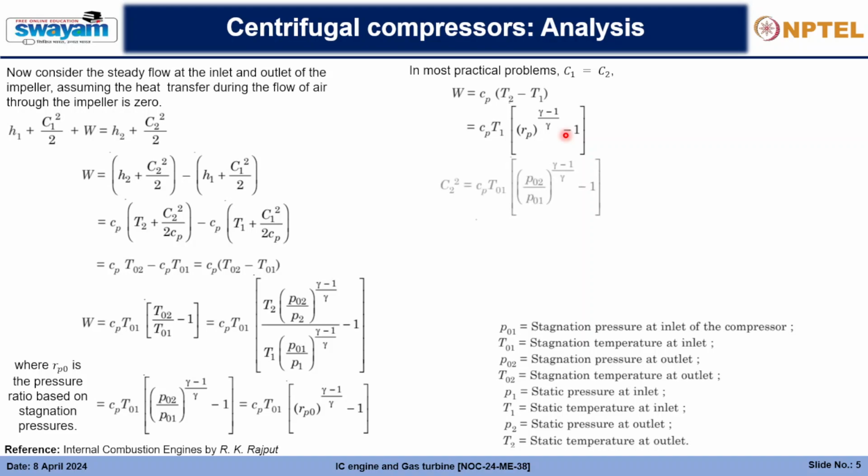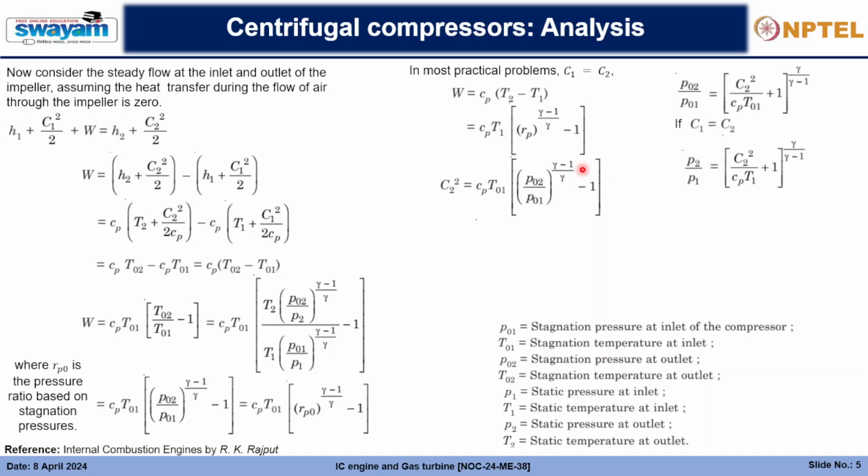So that's the work done, and we will equate it with C2 square, which is the absolute velocity of the fluid that is coming out. In this case, we'll relate this whole case as C2 square equals Cp T naught 1 into the stagnation pressure ratio to the power (gamma minus 1) by gamma, minus 1.